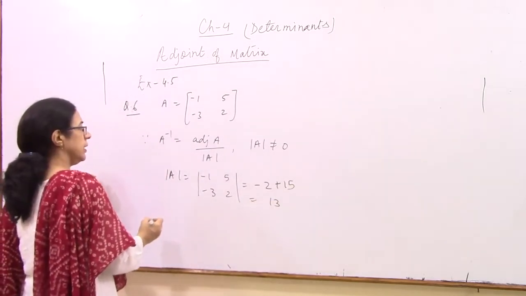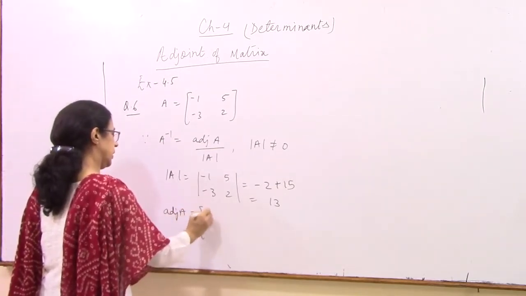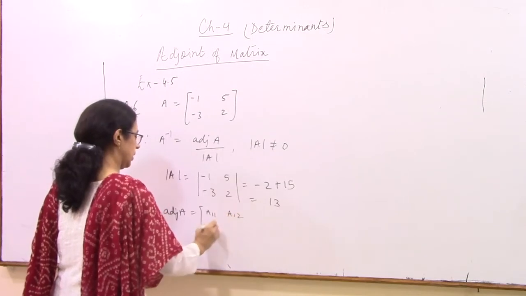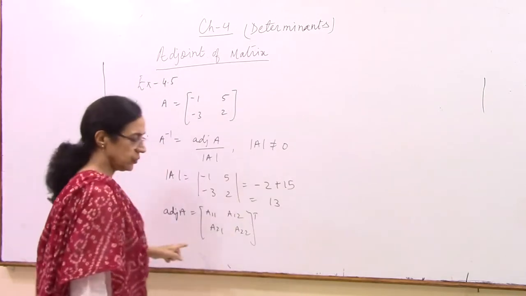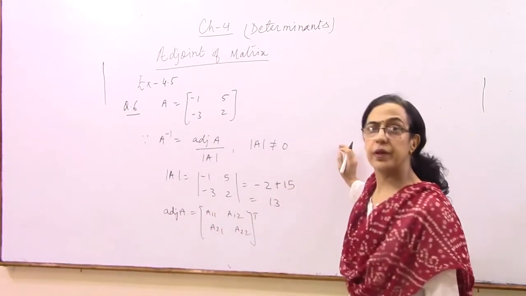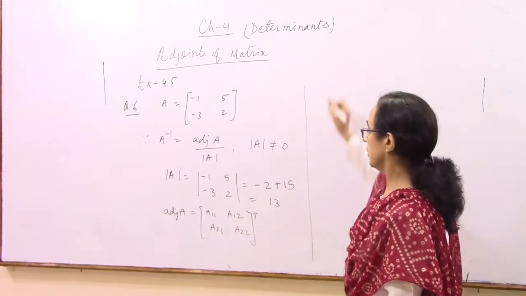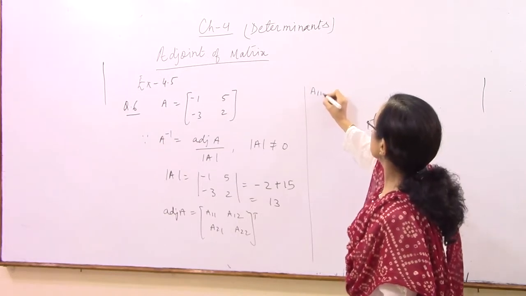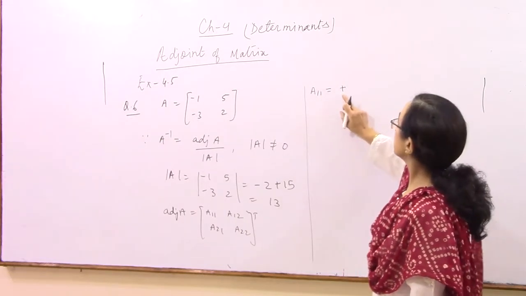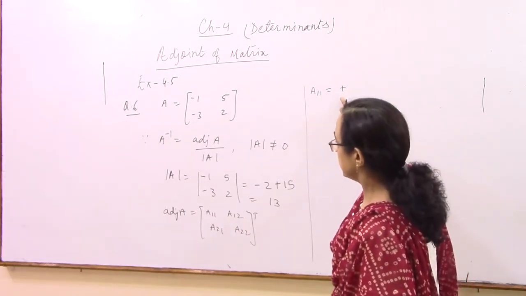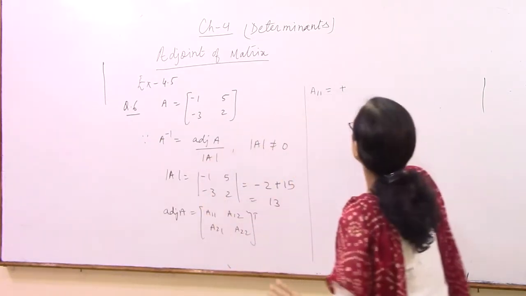Now what is adjoint A? Adjoint A equal to A11, A12, A21, A22 whole transpose. So find the cofactors A11, A12, A21, A22. So here A11 having positive sign, by 1 plus 1 is 2, so positive sign. Now leaving this column and this row, we have only 2.